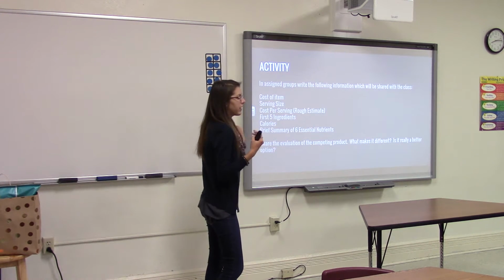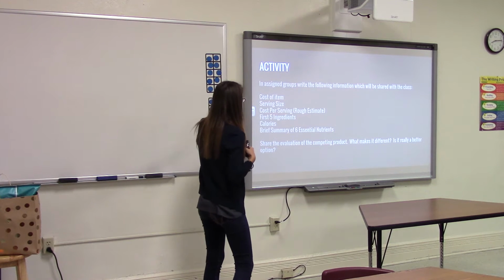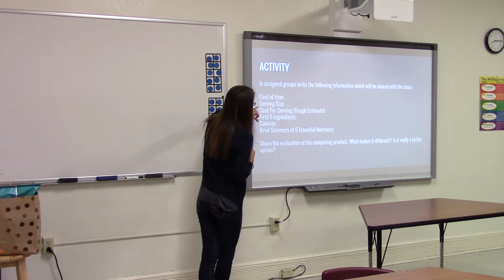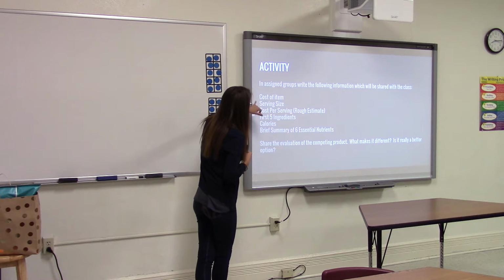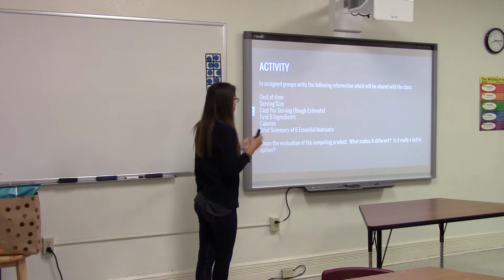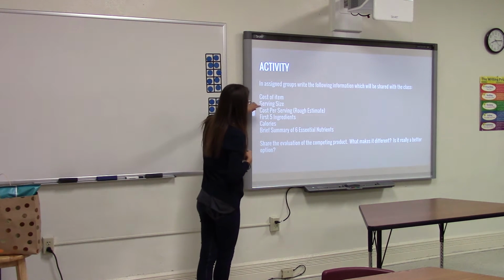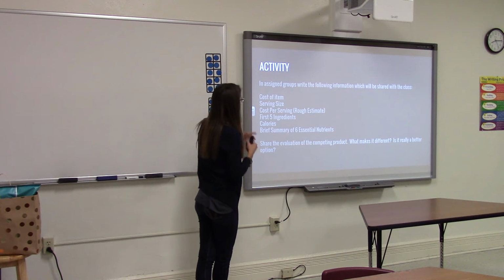So the cost of item, I'll come around and tell you what it is because I have my receipt. The serving size, which is going to be at the top. The cost per serving, which if you need help with that, I can help you. The first 5 ingredients.